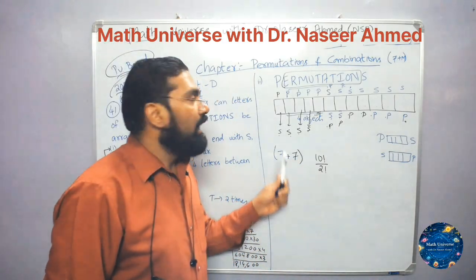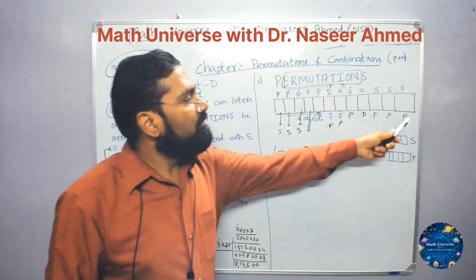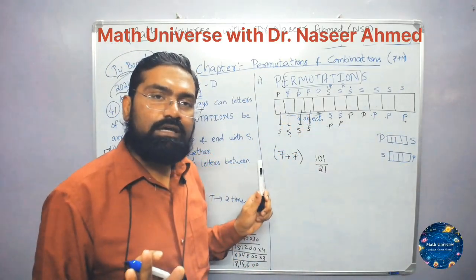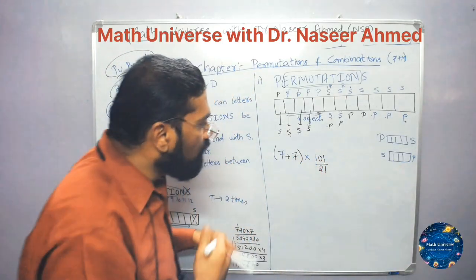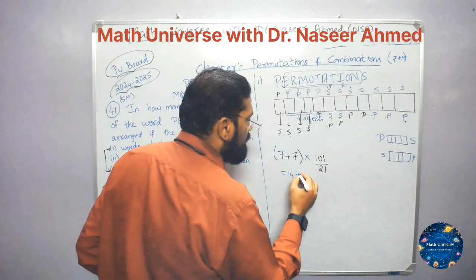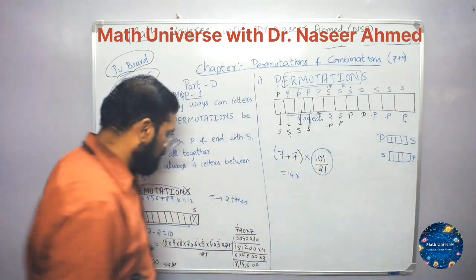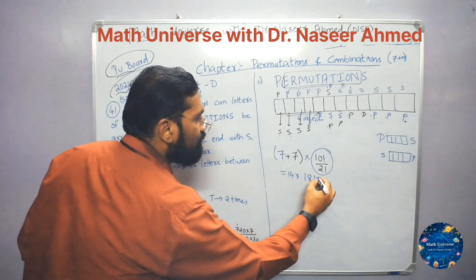Either P will be at the left and S follows, or S will be at the left and P follows. And this into it is multiplication. So 7 plus 7 is 14, into the value we have already got, 12 factorial.